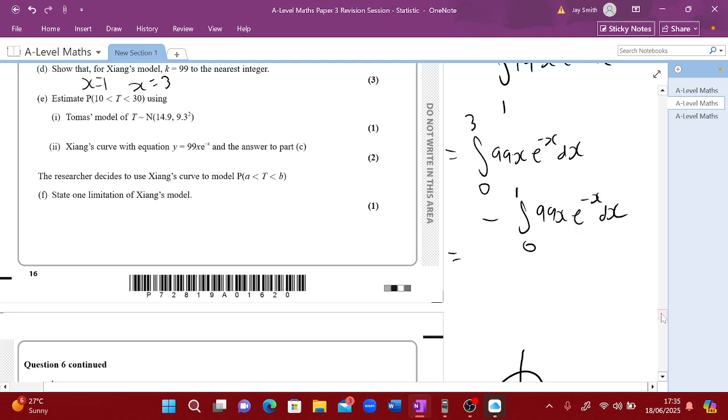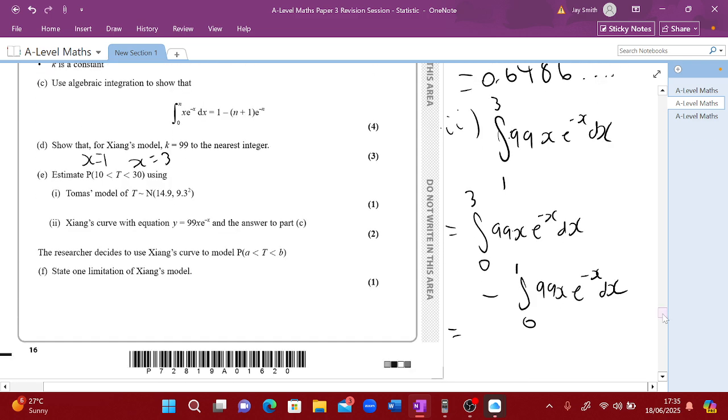So now we can choose to plug those values into the formula. We can factor a 99 out first of all, because k is a multiple, 99 of, and then it's going to be using this formula. So n is 3 first of all. So it's going to be 1 minus 4e to the minus 3, since 3 add 1 is 4.